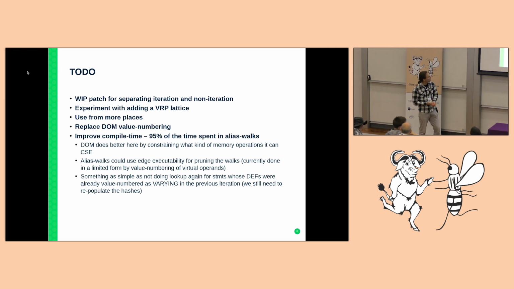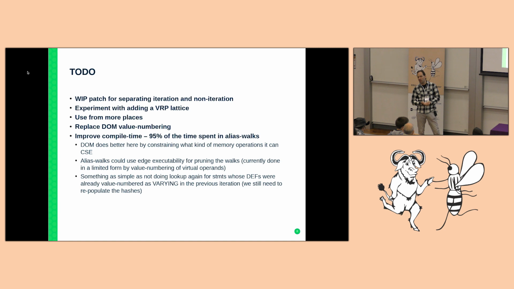Yeah, I wanted to experiment with adding a value range lattice, because I think, for example, doing the early optimizations, it really helps if you can eliminate all the conditions that are not true. And we do have the early VRP pass, but that kind of requires you to clean up the memory loads first, and at the same time, the value numbering would like to know paths that are not executable.